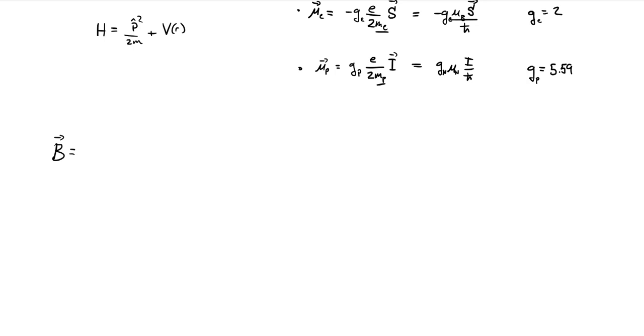So if we look at, say, the magnetic field from the nuclear dipole, we're not going to derive this now. You'll likely go through this in your E&M class, but it ends up being equal to this.